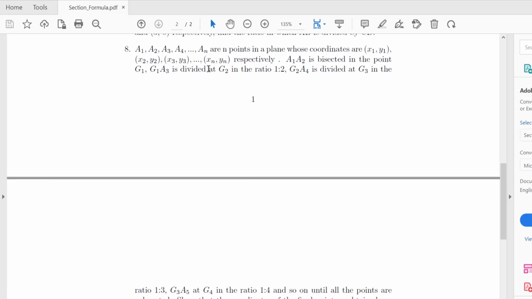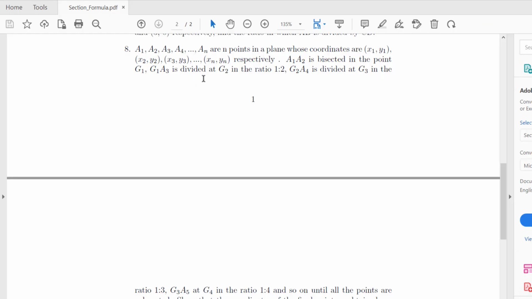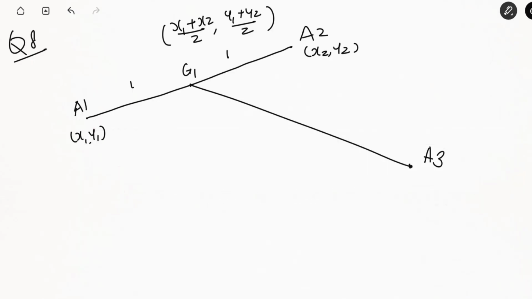Then it says A3, the point A1, A2 is done. G1, A3, let's say somewhere it is here, A3. We don't know, the length could be anything. G1, A3 is divided at G2 in the ratio 1:2. So it will be somewhere here, right? This will be 1 and this will be double of that at point G2.